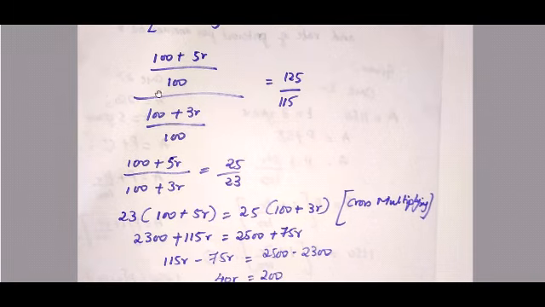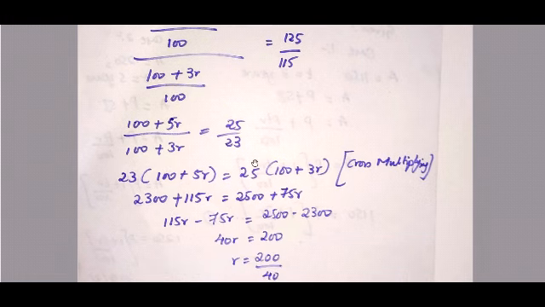So 100 and 100 get cancelled. 100 plus 5R divided by 100 plus 3R is equal to 25 divided by 23 if you divide by 5. If you cross multiply, 23 into 100 plus 5R is equal to 25 into 100 plus 3R. So 2300, 23 into 5, 115R, 25 into 100, 2500, 25 into 3, 75R.